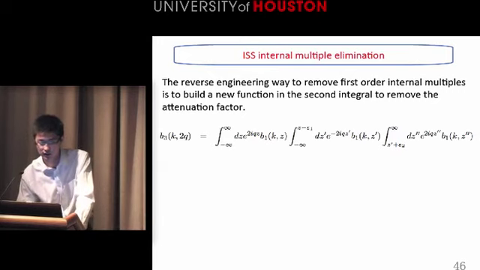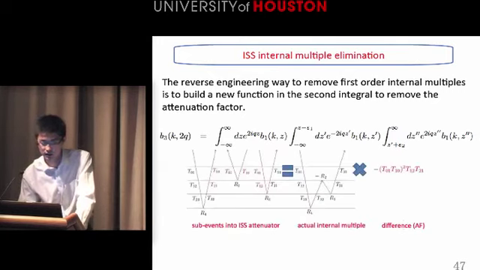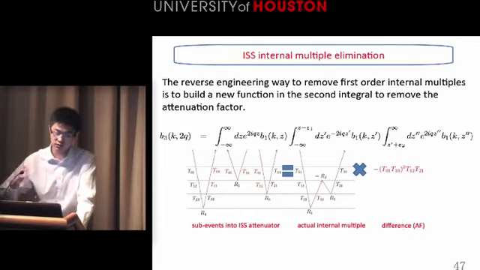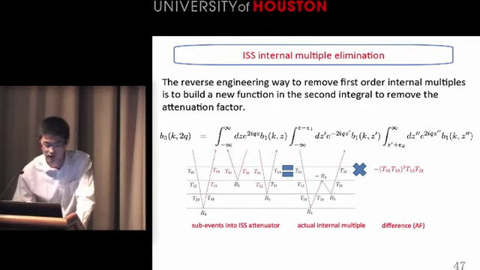Here is an example showing how we can predict a first order internal multiple generated at the second reflector. I have mentioned that all the transmission coefficients shown here are related to the reflection from the shallowest reflector down to the generator.